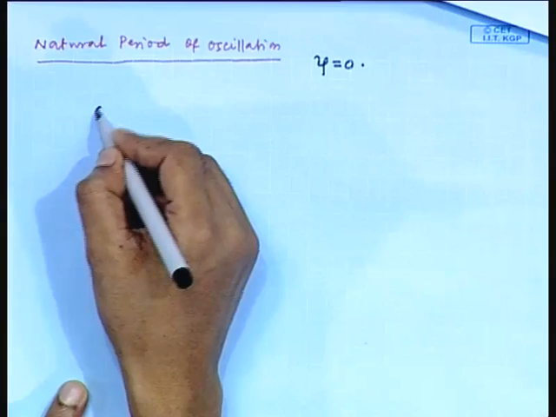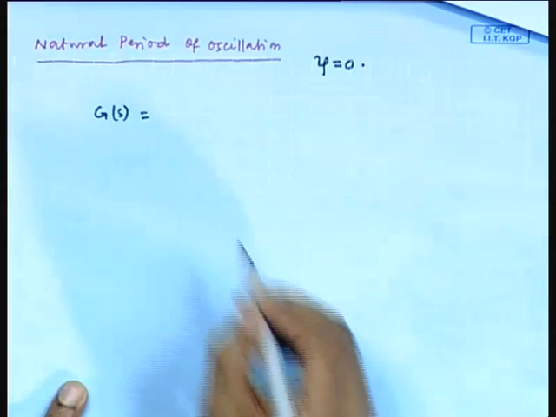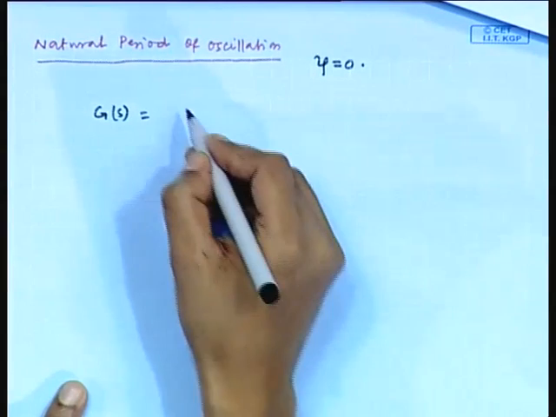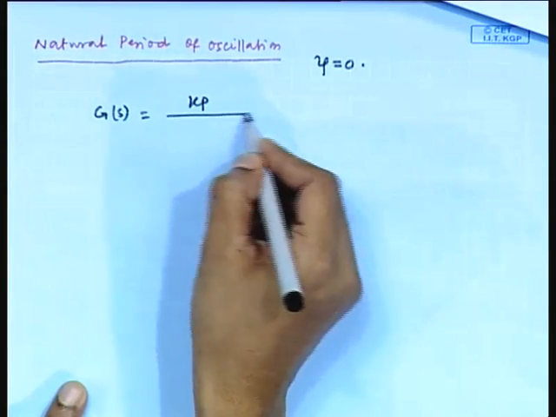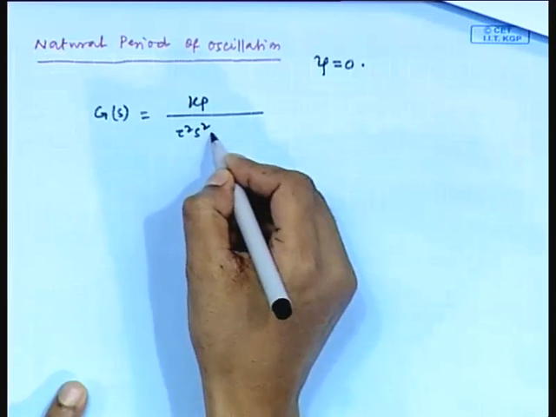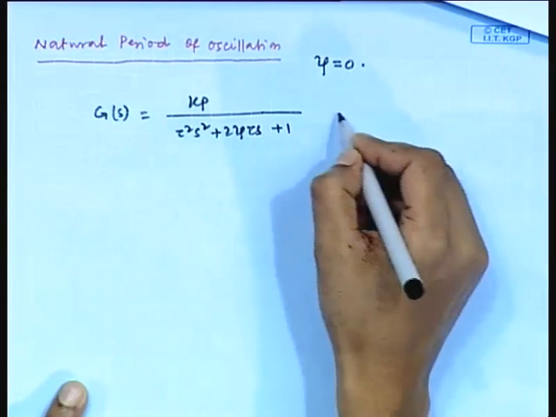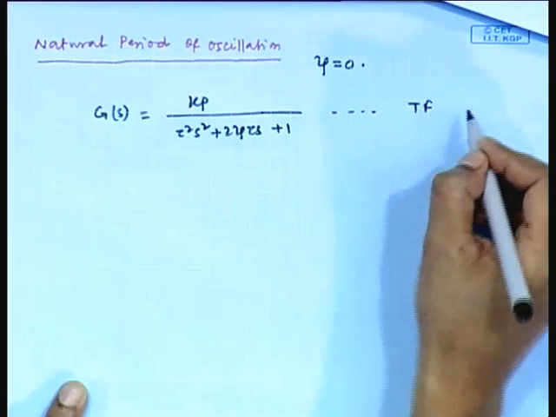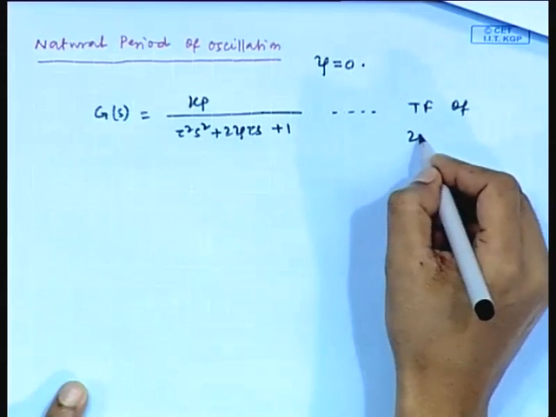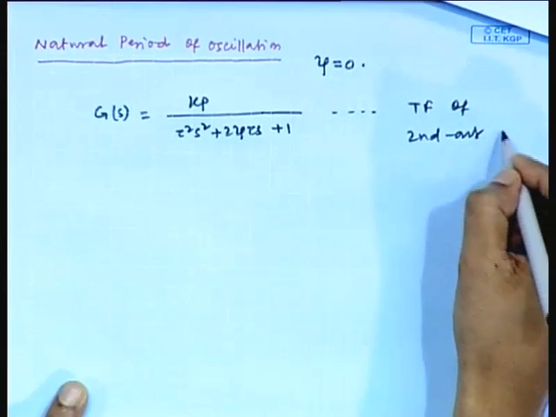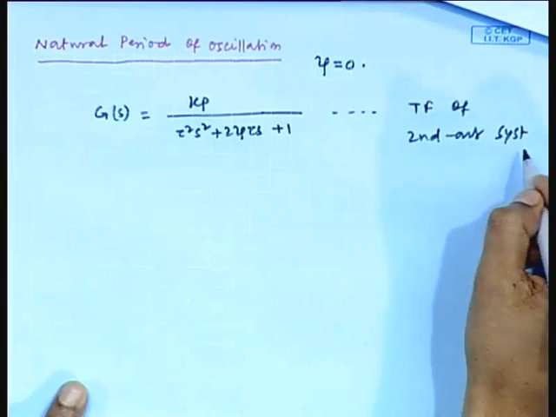Now, we know the transfer function of a second order system, that is Kp divided by tau square s square plus 2 zeta tau s plus 1. This is the transfer function of second order systems.